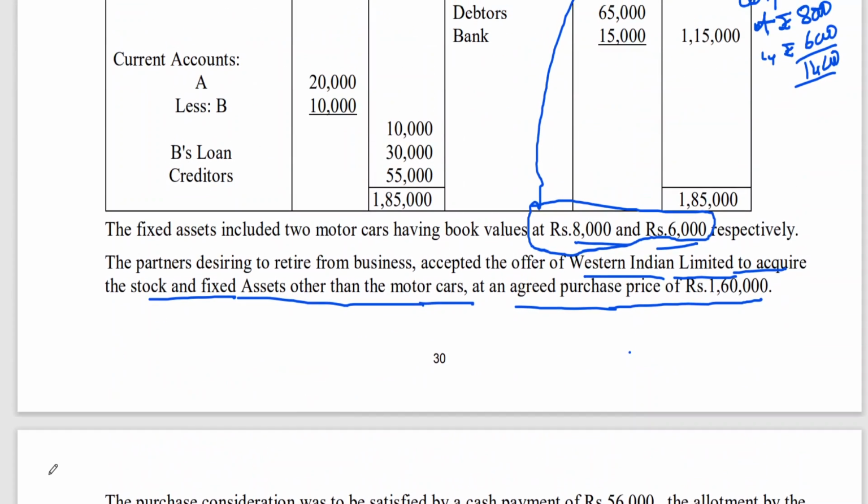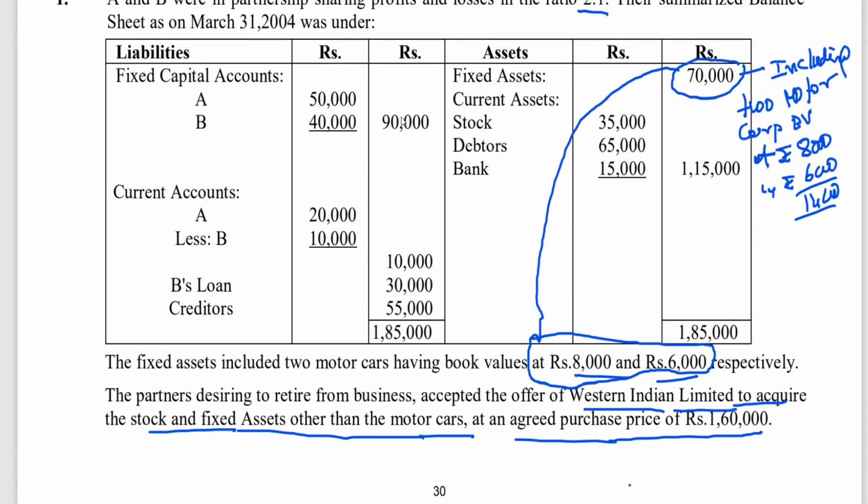Western India Company Limited acquired the stock and fixed assets other than motor cars. So they are taking stock and fixed assets except motor cars. They are taking only 2 assets.